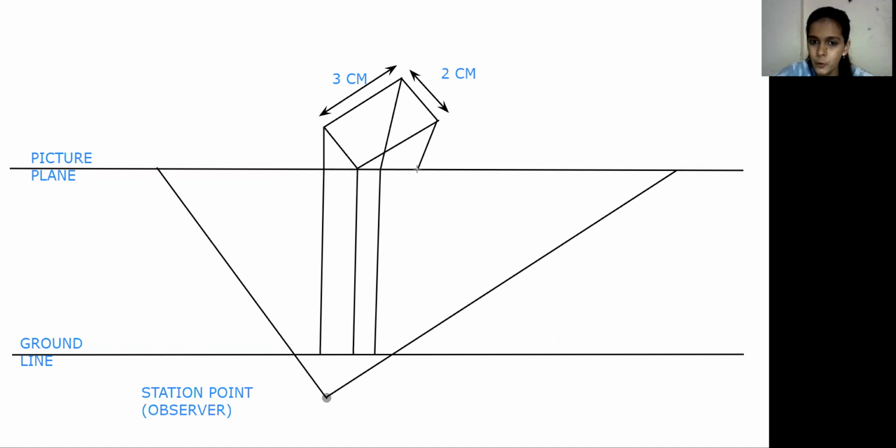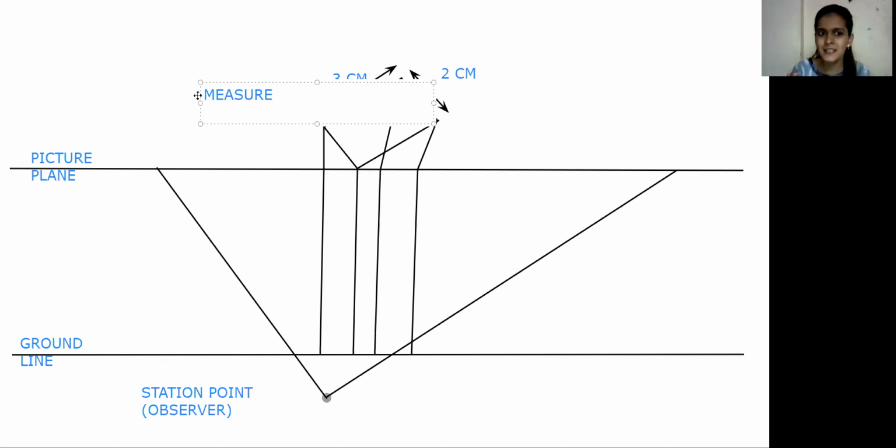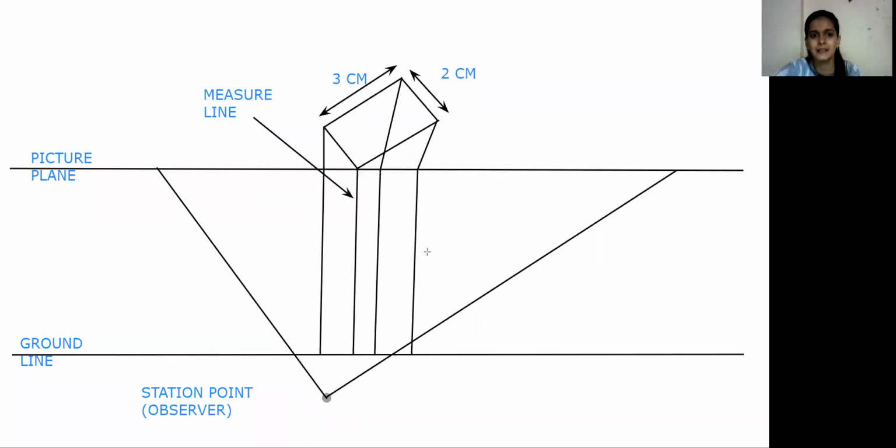As we know, we don't need to show our measurements or dimensions in our perspective view, but there is only one line, the measure line, on which the original dimensions can be shown. Because a perspective view is like a 3D view, dimensions can change, but on the measure line it is as the real object. And which is the measure line? You need to show it with an arrow. Here it is the measure line.